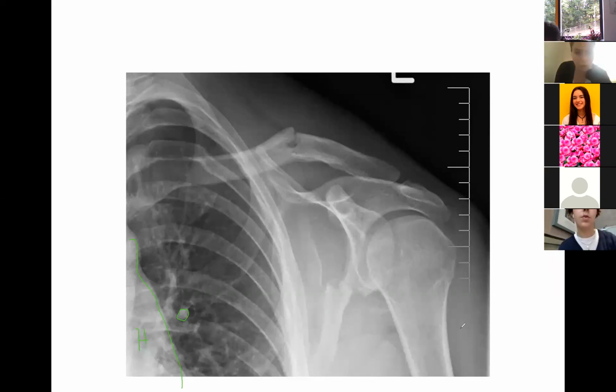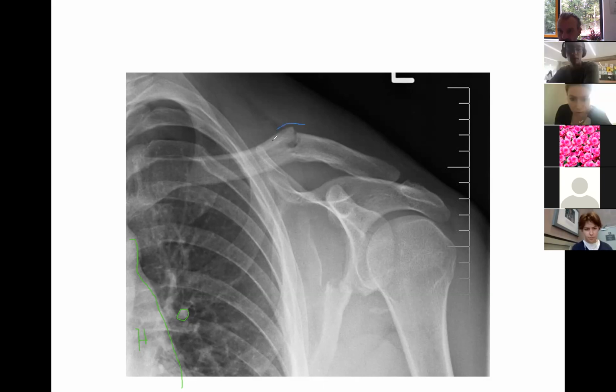And one more thing. The scapula looks fractured as well. Perfect. So fracture of the clavicle and fracture of the scapula here. So it's a fracture of the lateral margin. Okay, perfect. And so now you are like orthopedic surgeons in the 6th year.